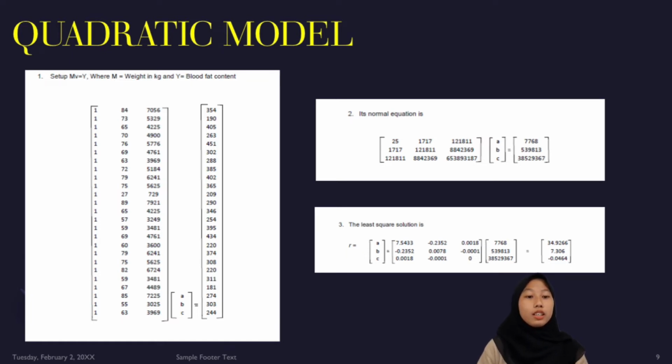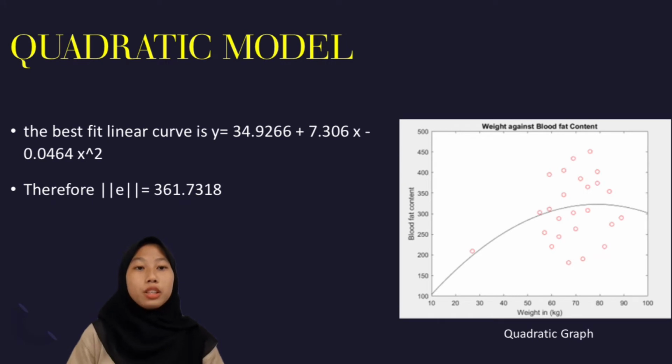Next, we get the normal equation, as we can see here, and then we calculate the least square solution. From here, we can get the error vector, E equal to Y minus MV1. Then the best fit curve is Y equal to 334.9266 plus 7.306x minus 0.0464x power of 2.